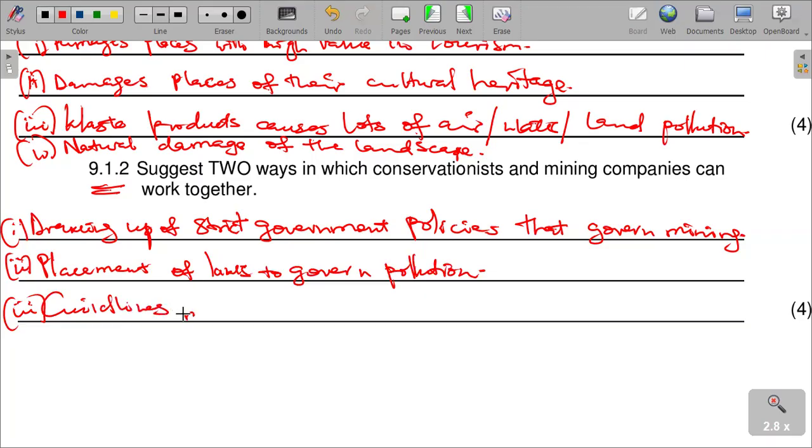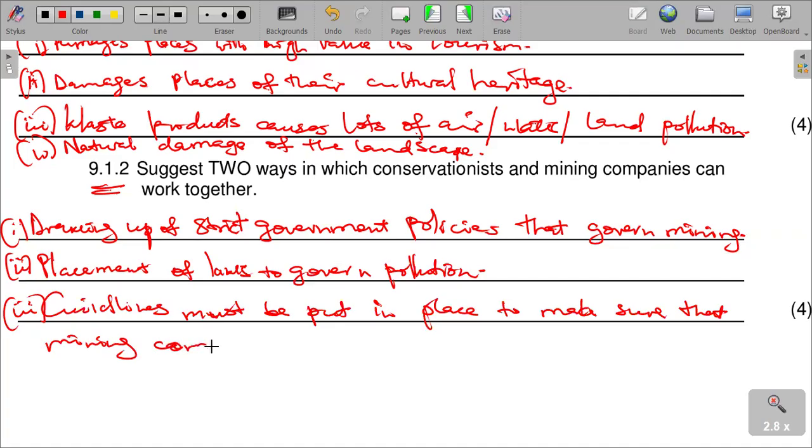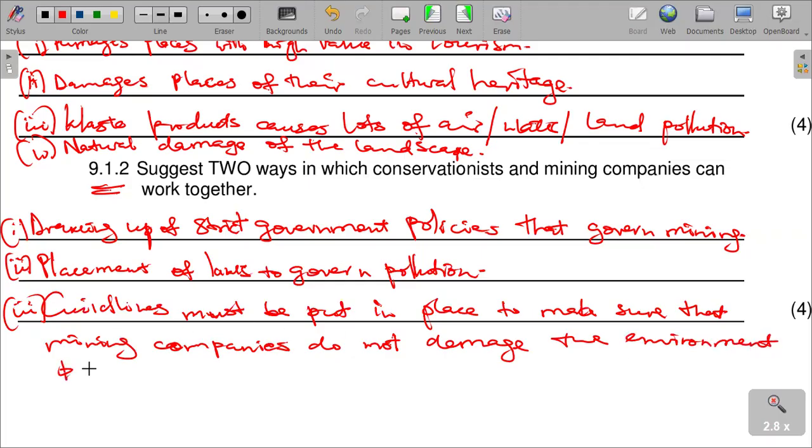Guidelines must be put in place to make sure that mining companies do not damage the environment and its communities.